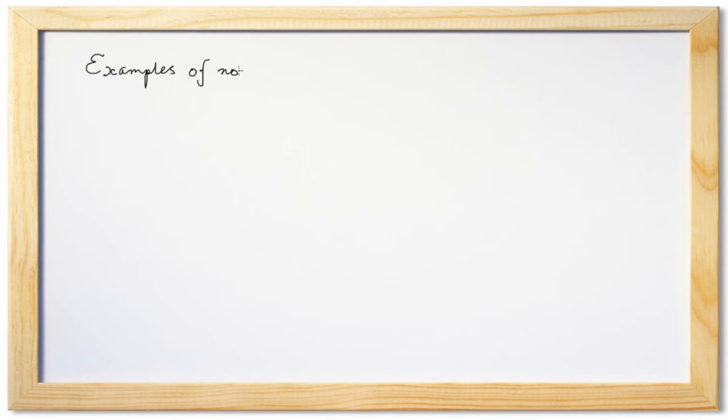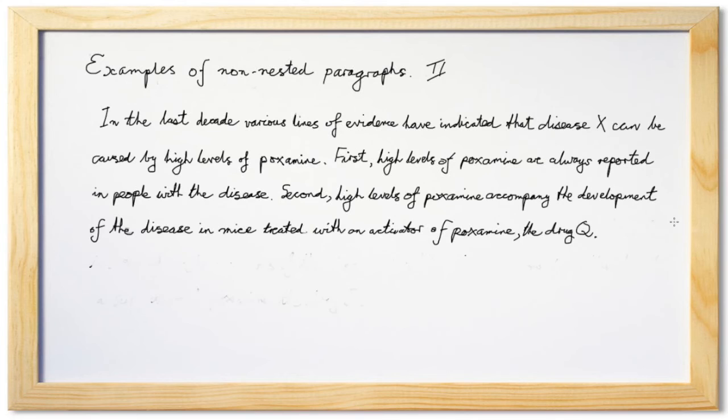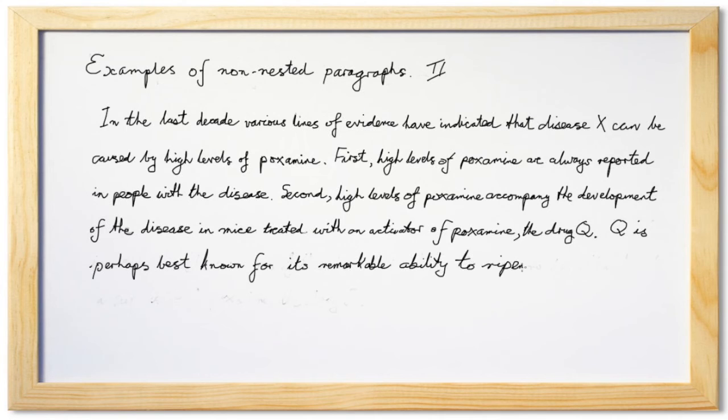Here we will look at a less serious but still annoying way in which a paragraph can be unnested, in this case partly nested. To illustrate this, I want to introduce one extra sentence into our paragraph and put it in just after our first mention of the drug Q. So the new sentence is, "Q is perhaps best known for its surprising ability to rapidly ripen fruit via an unexplained mechanism."